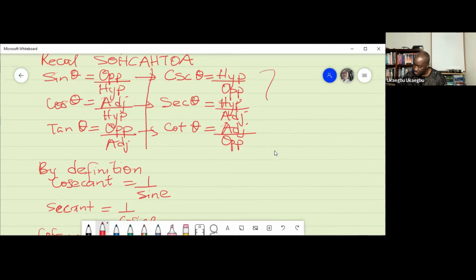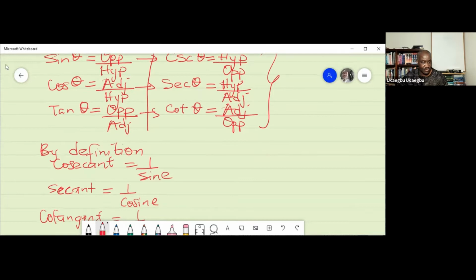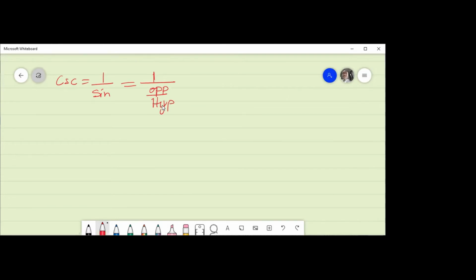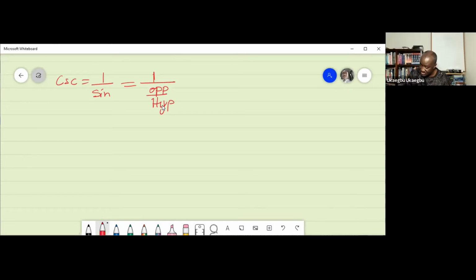Now let's see how these formulas come to be from this definition. Remember that cosec is 1 over sine, and sine by itself is opposite over hypotenuse. So this is 1 divided by opposite over hypotenuse.